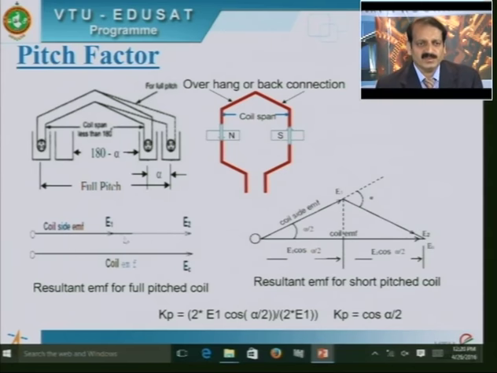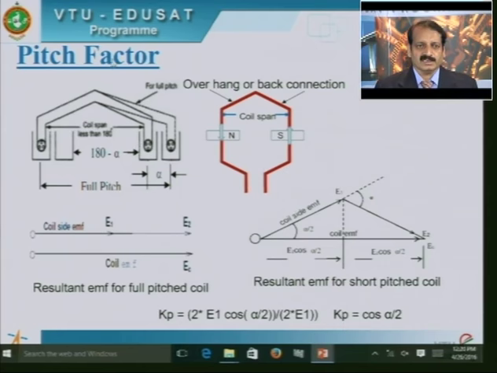The arithmetic sum is E1 plus E2, and the vector sum is EC, which is given by E1 cos alpha by 2 into 2. So we get the ratio of the vector sum, 2 E1 cos alpha by 2, to the arithmetic sum, 2 E1, which is cos alpha by 2.